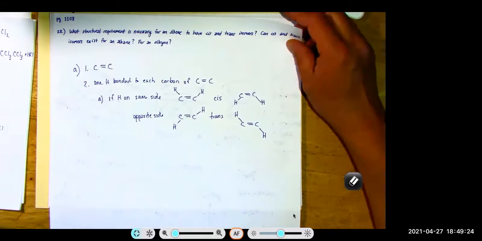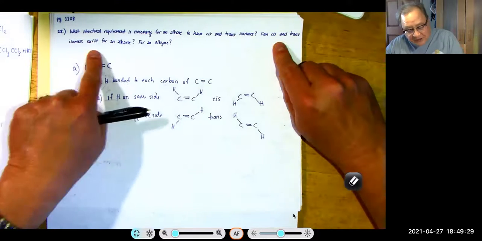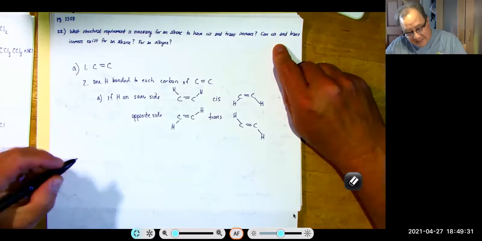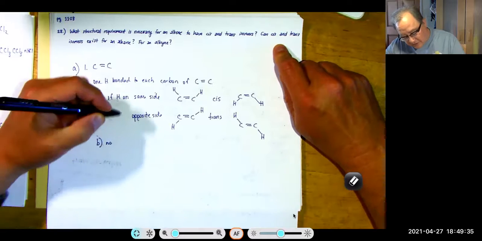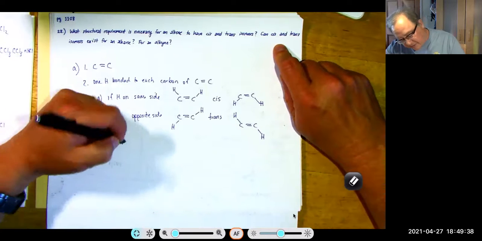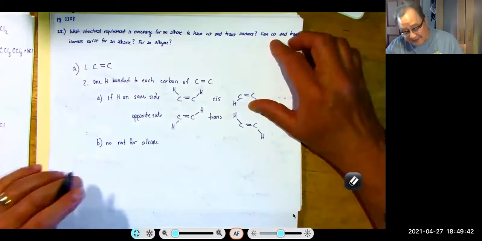Okay. Can cis-trans isomers exist for an alkane? And B, no. Now, not for an alkane. I'm going to draw something for you that looks like cis.